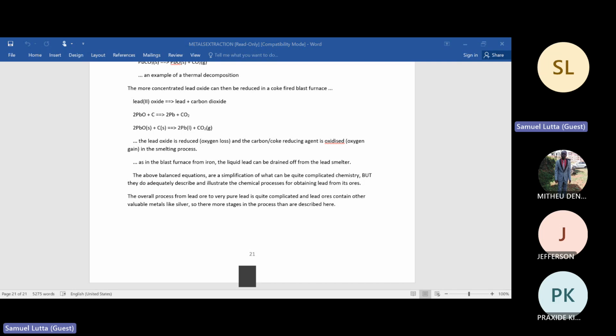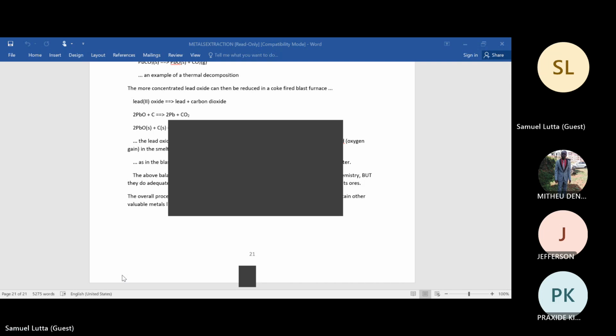There is something that we can look at here. Let's talk about it. So we have two processes here, which we can just look at quickly, maybe 2 minutes.